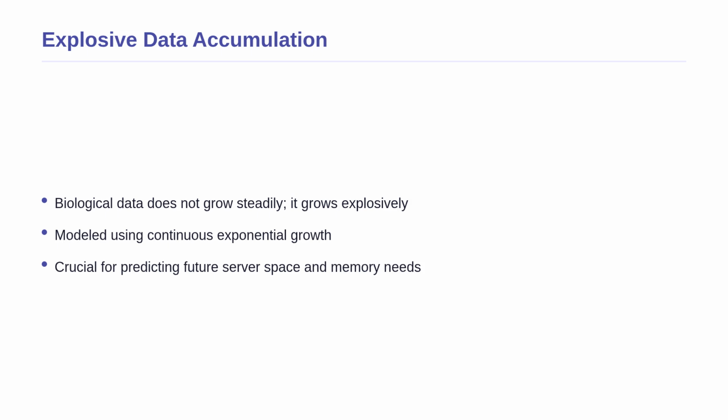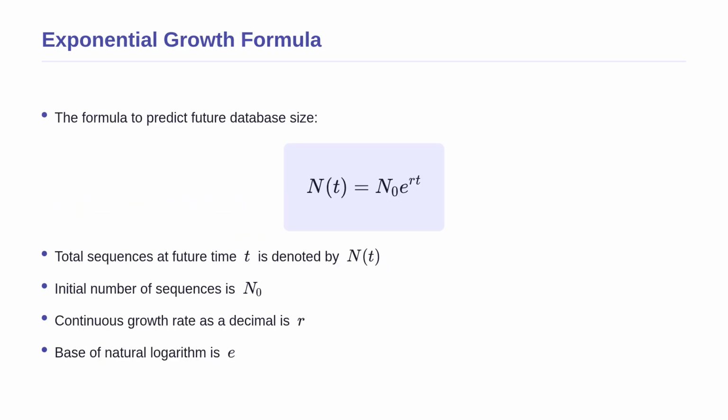To predict this future infrastructure need, we rely on a specific mathematical model. This is the formula for continuous exponential growth. Let us break down what each symbol means. N of t represents the total number of sequences in the database at a specific future time, t, which is measured in years. N0 stands for the initial number of sequences, present right now.